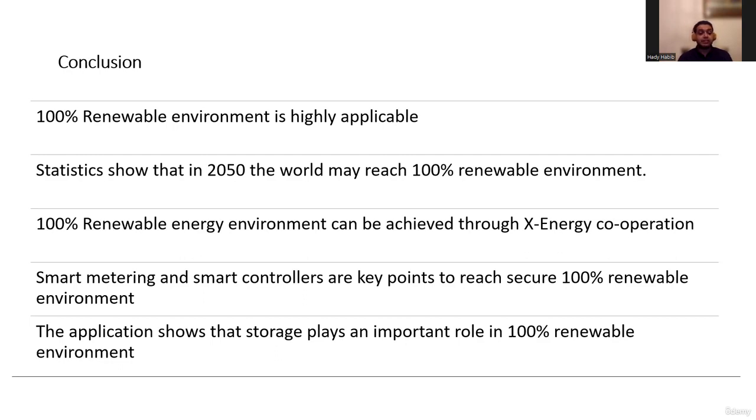The applications on the ground show that most of the communities operated by 100% renewable energy will essentially need a storage system.